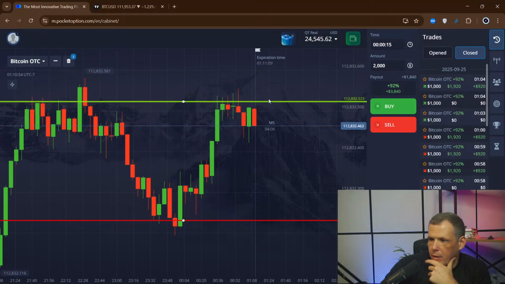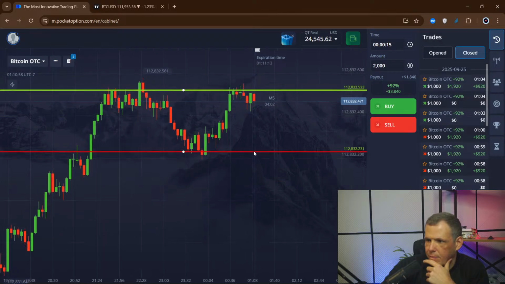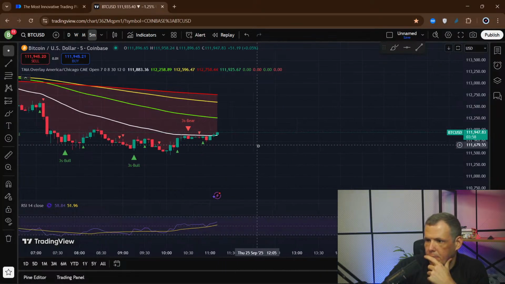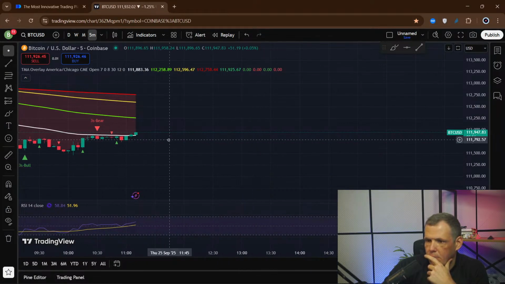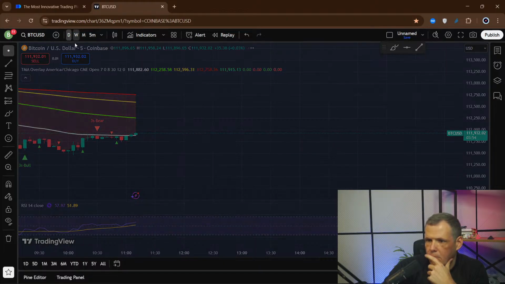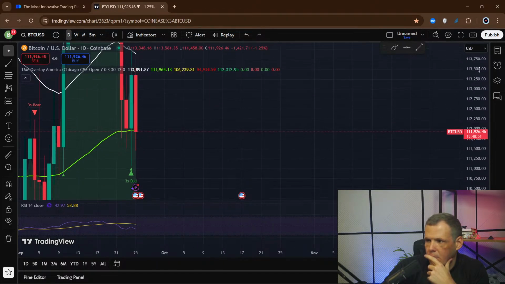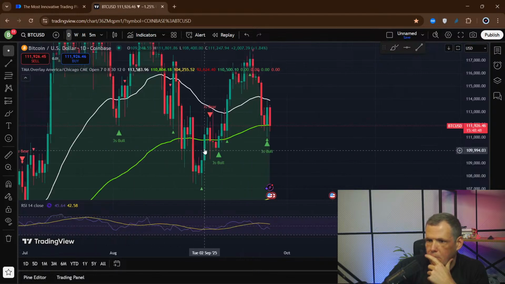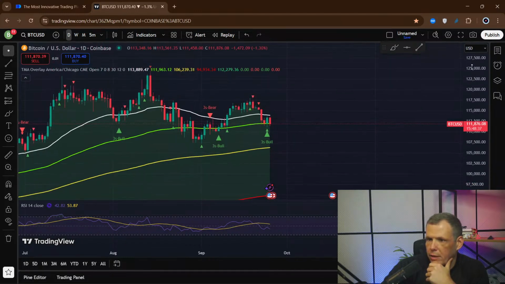Yep, that's why I didn't want to go in here. We're gonna break. When we look at the daily, it's slowly going in a downtrend, but that could actually change.